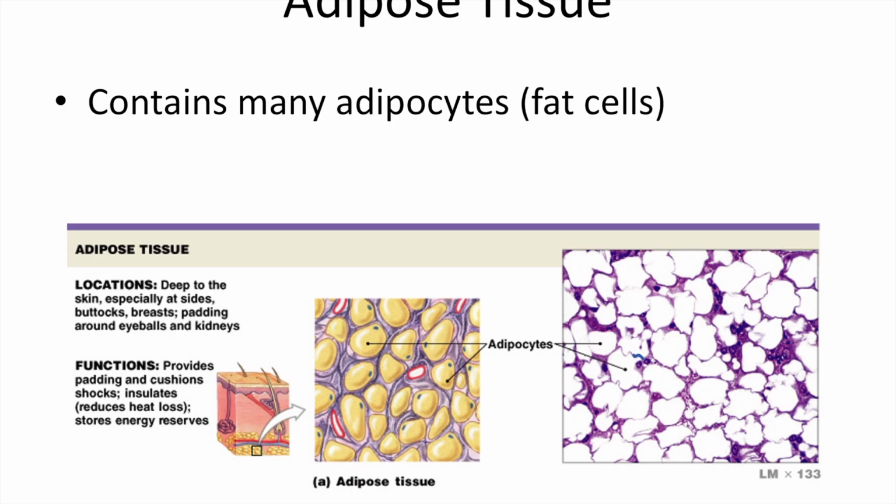But as you can see, each one of these cells here isn't attached to a basement membrane. It's basically a nucleus pushed way over to the side of the cell and a large lipid-filled vacuole.